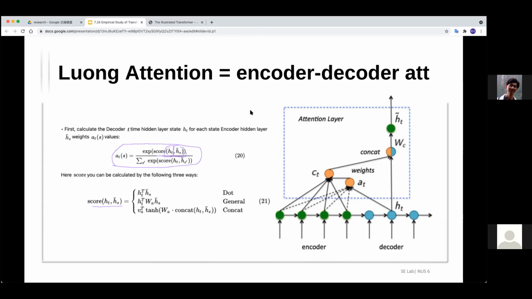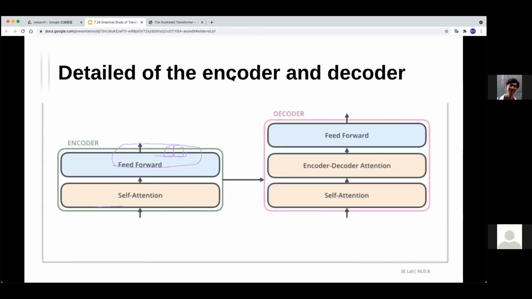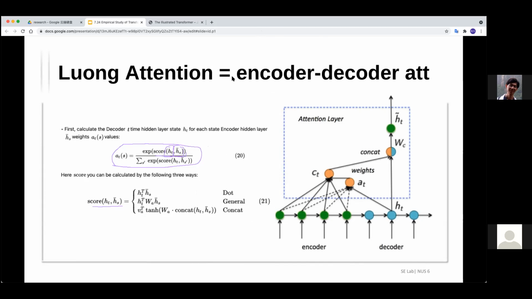Okay, can you specify the HT and HS in the graph? HT is the blue one, and HS is the green one. So that means given an arbitrary HS here, we will calculate a score.